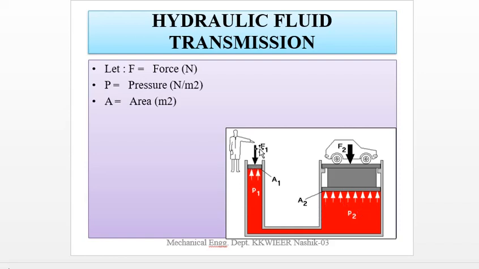By applying F1, P1 is generated, and the smaller piston will move easily because it is exposed to a smaller area, so a smaller force is required. This is the larger exposed area, cylinder 2, and it will develop P2.